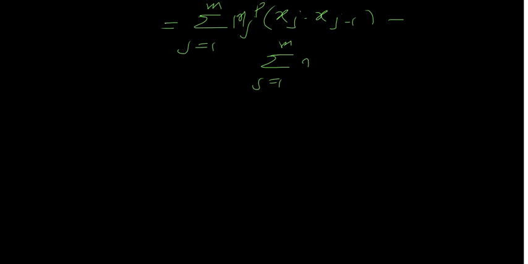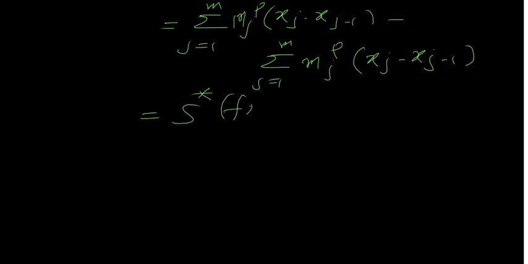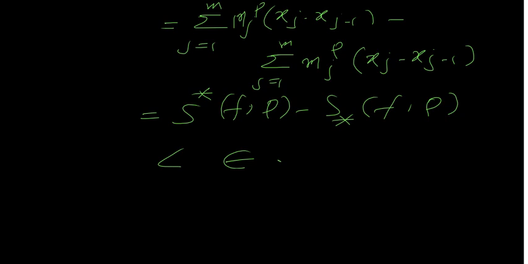It's equal to S upper star f p minus S lower star f p, and that one is less than epsilon, because we have chosen P a partition such that S upper star minus S lower star is less than epsilon, as f is integrable.